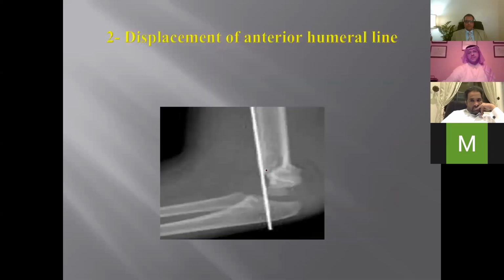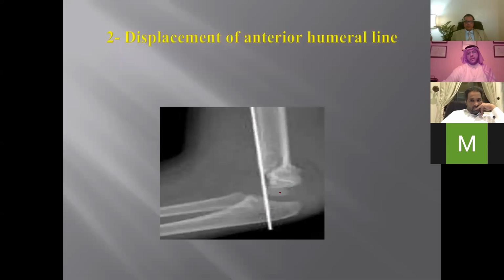Okay, so the second feature in supracondylar fracture on an X-ray is displacement of the anterior humeral line. As we mentioned, the anterior humeral line is supposed to bisect the capitulum. But the capitulum is displaced posteriorly, and there are two types of supracondylar fracture, the flexion and extension type.